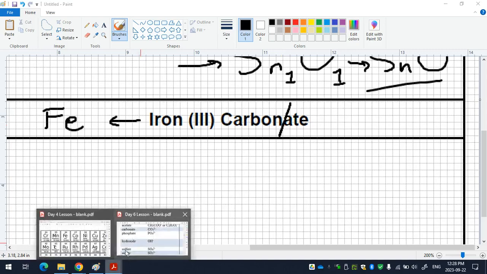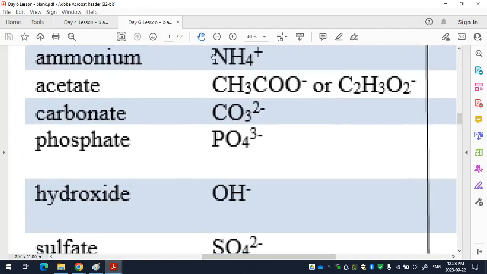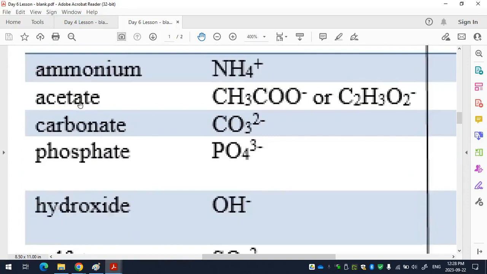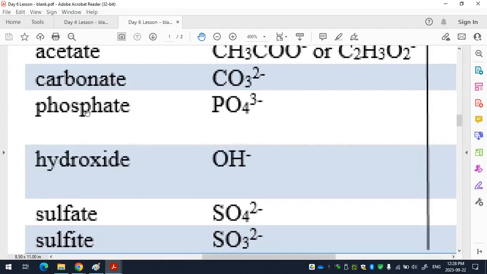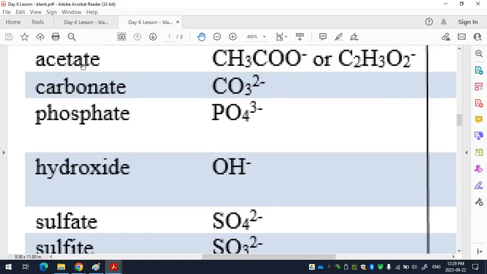Oh yeah. Check this out. Look how many things have 8 in them. What's this? Acetate. What's this? Carbonate. What's this? Phosphate. So let's see, acetate, carbonate, phosphate.